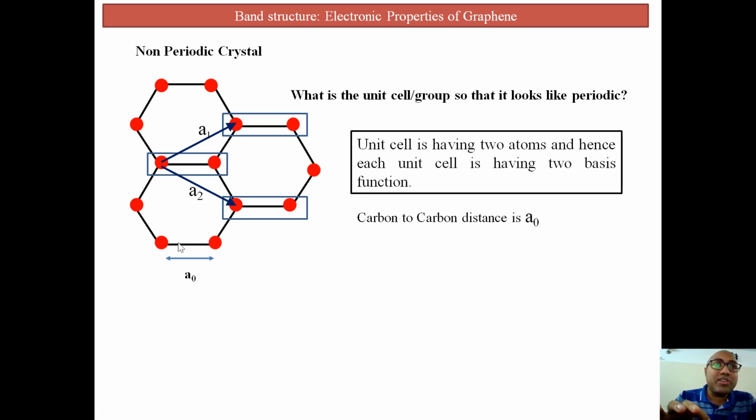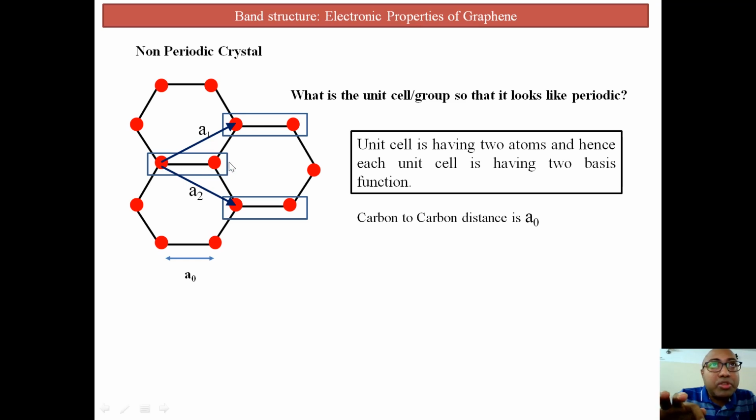And this is A0, because the carbon to carbon bond is A0. Now we have to find the components of A1. What is A1 and what is A2? And remember, this is a vector.